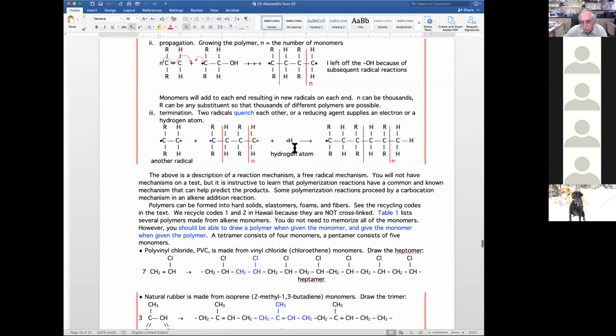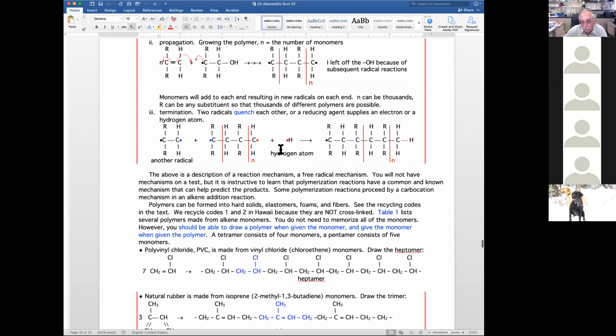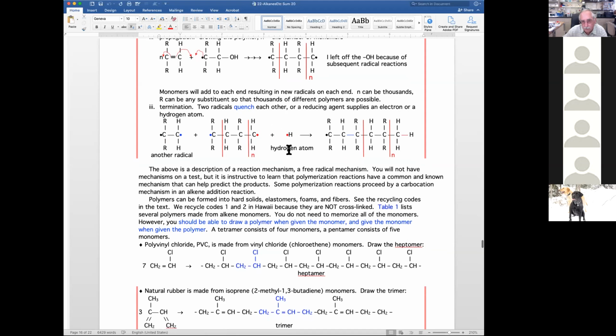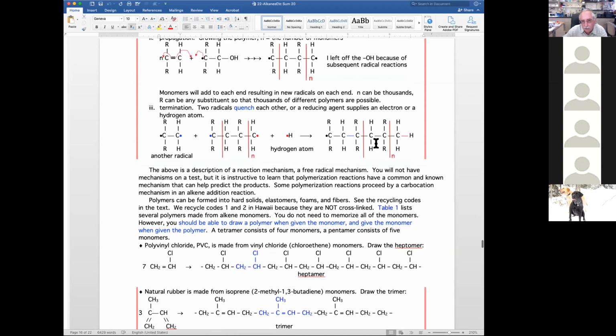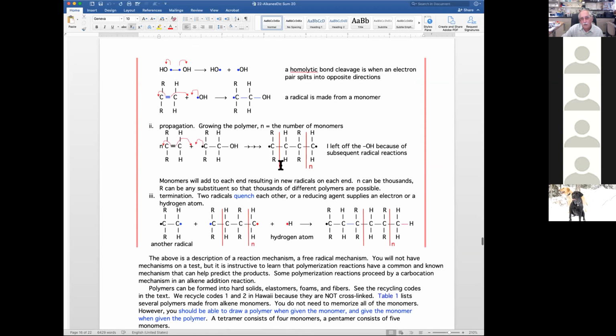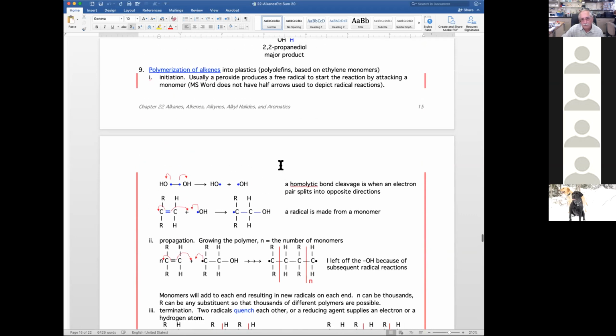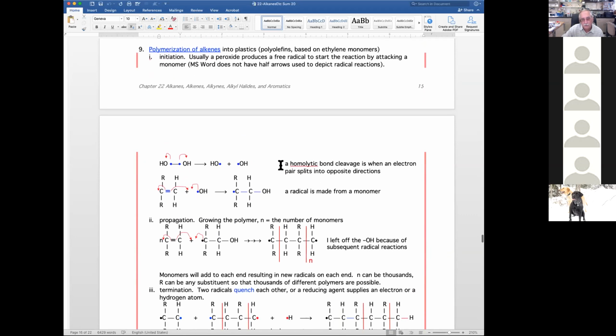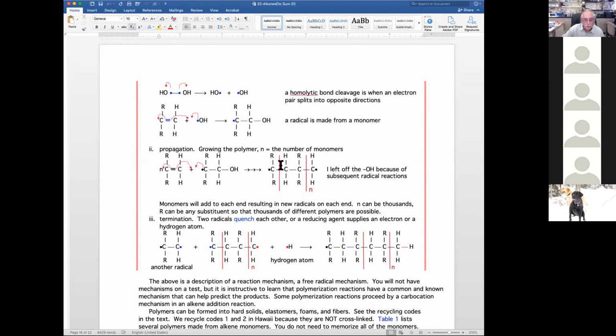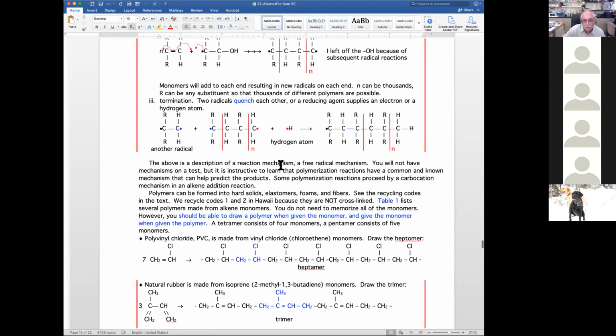Reducing agents supply electrons, usually in the form of hydrogen atoms, right? Here's how I quench that other side right there. So you might want to know of the different steps in free radical, but I'm not going to ask you to draw anything or anything like that.